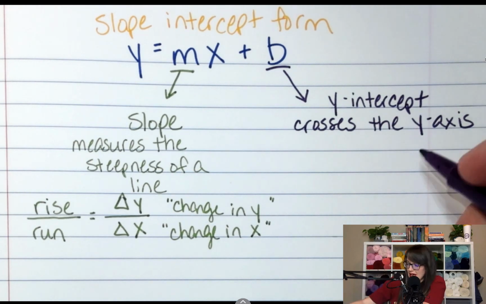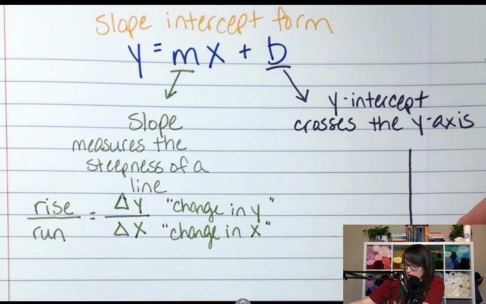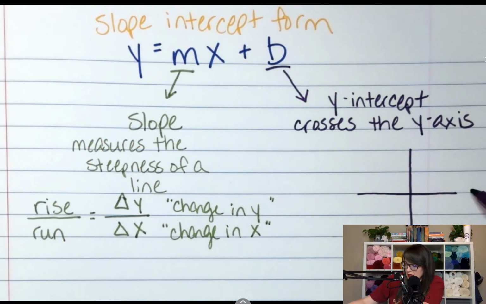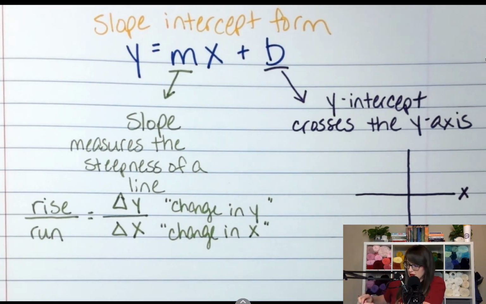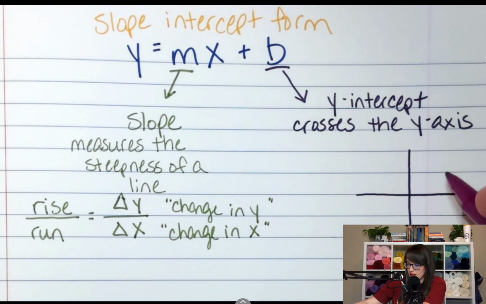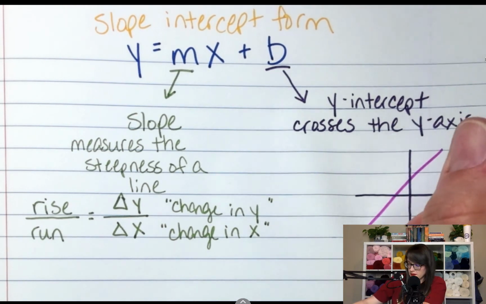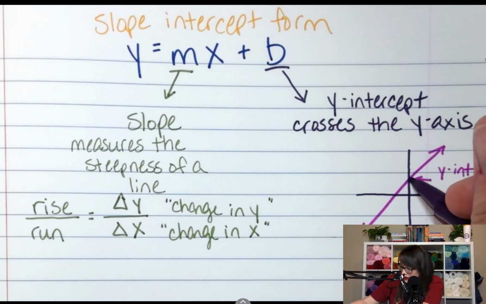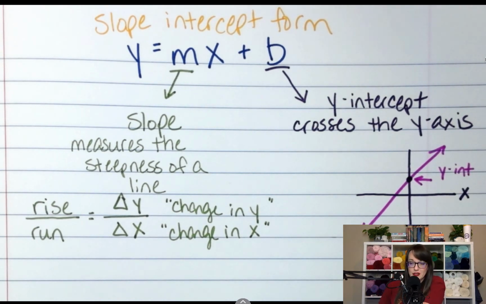And when it hits that line, so if we sketched a little graph, this is the y-axis. This is the x-axis. If I were to draw a line across this coordinate plane, there's a line. That point right there is the y-intercept, because that is where it crosses the y-axis.